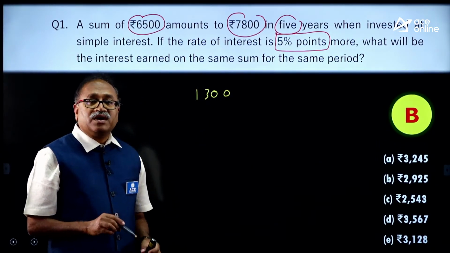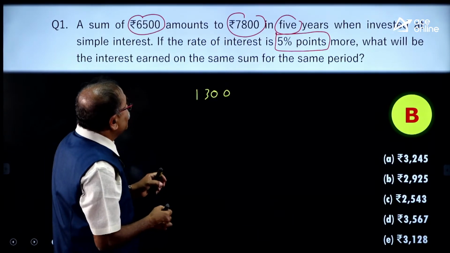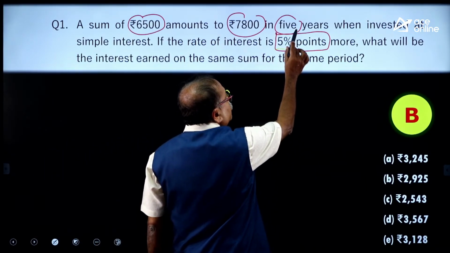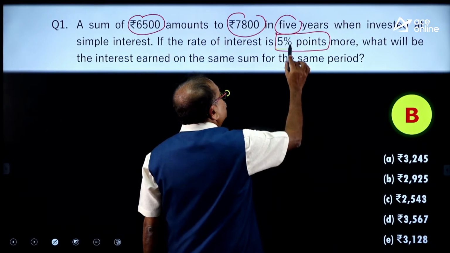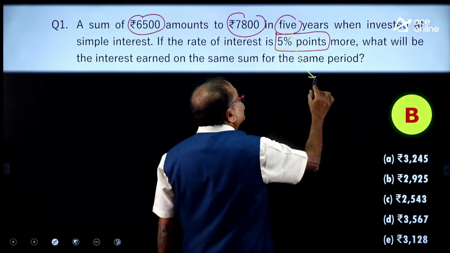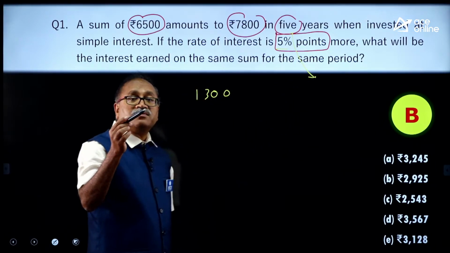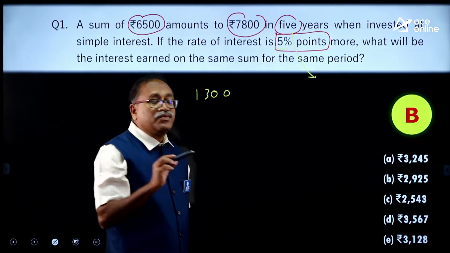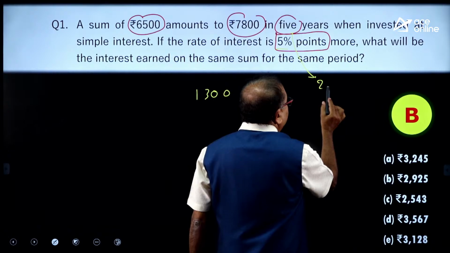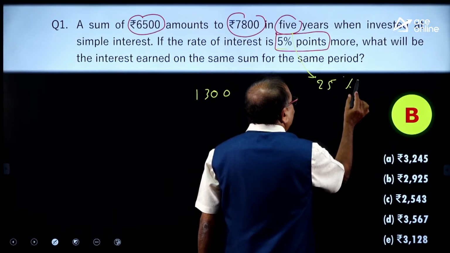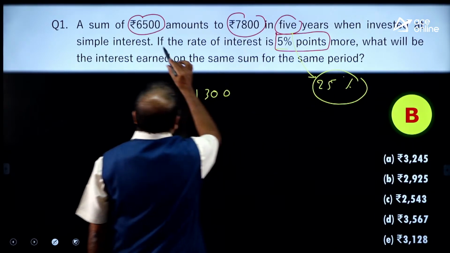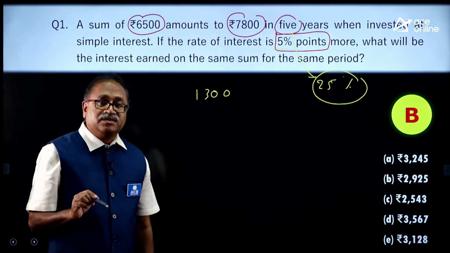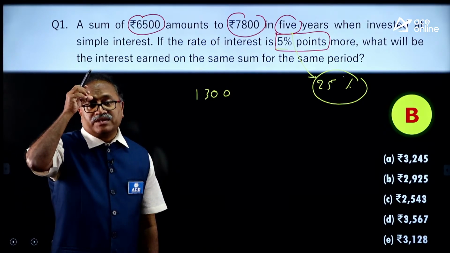Now, another 5% point extra and for 5 years, how much will this be extra? 5% point extra for 5 years, 5 into 5 that is 25%. So, you will be getting 25% of the principal as extra interest.